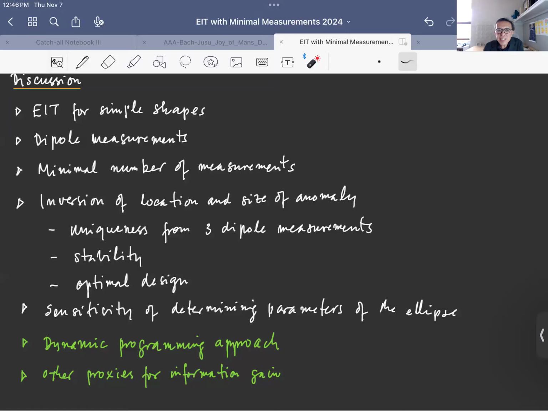What is your second question, Janliang? The second question is, if we can start with the initial guess as a circle, then in that setting you can easily determine the area and the location. Use that as some kind of prior information to further determine other things. Is that possible?